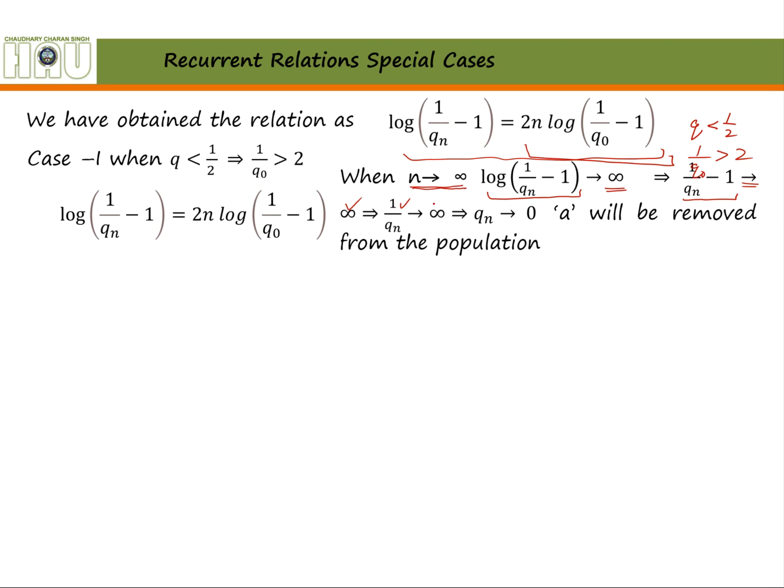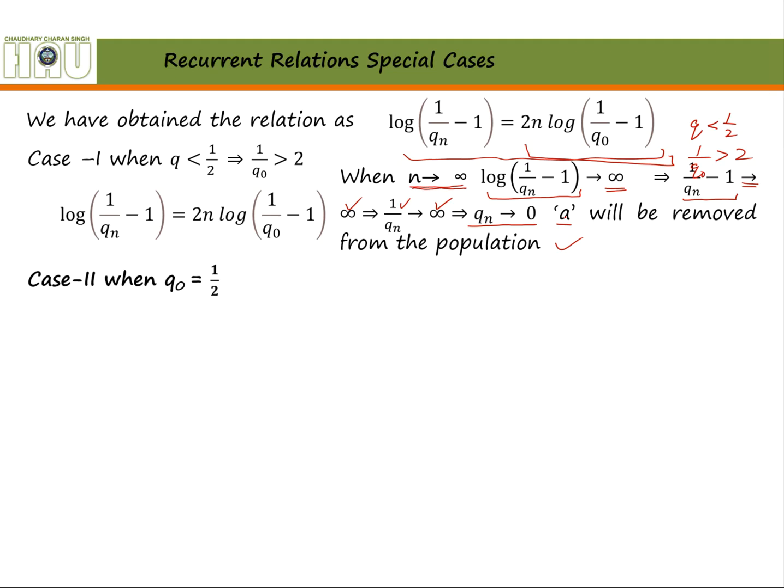So 1/qn also tends to infinity, which implies that qn will be 0. When qn is 0, it means the gene frequency in the nth generation for the recessive allele is 0. It means a will be removed from the population. So when q is less than half, over a large number of generations, the allele will be lost.